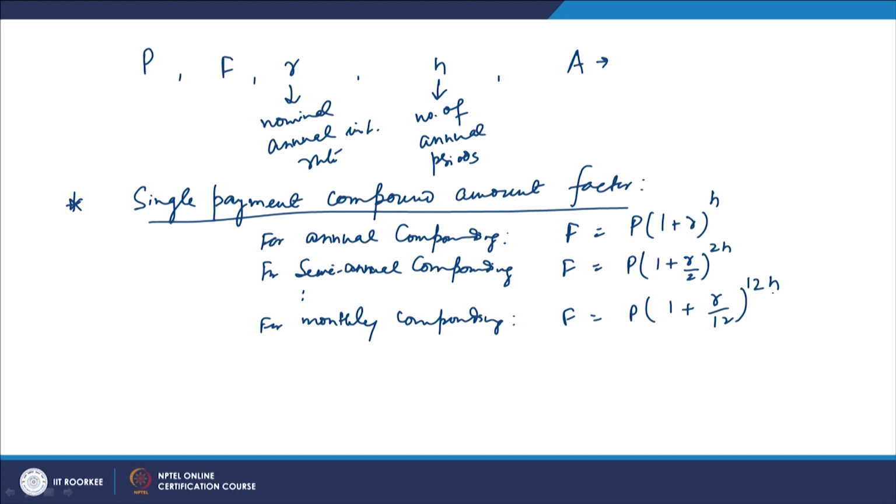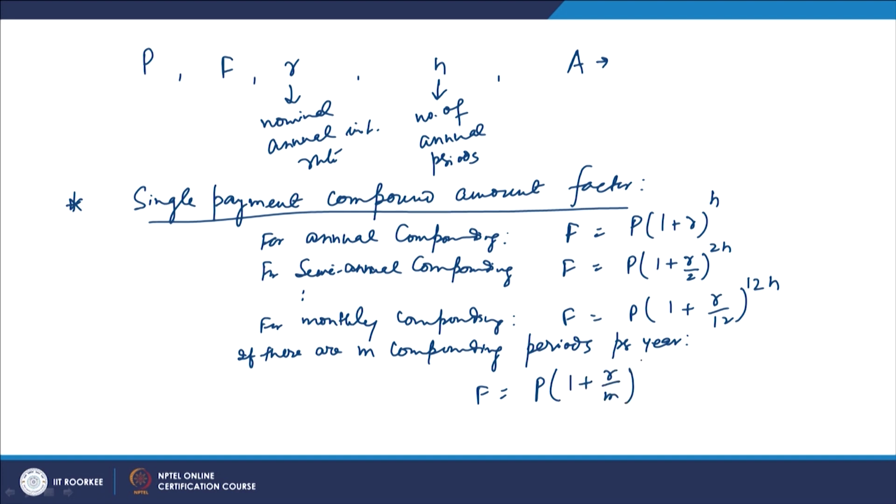So, in general you can write that if there are m compounding periods per year, then your equation becomes F equal to P into (1 plus r by m) raised to the power mn.